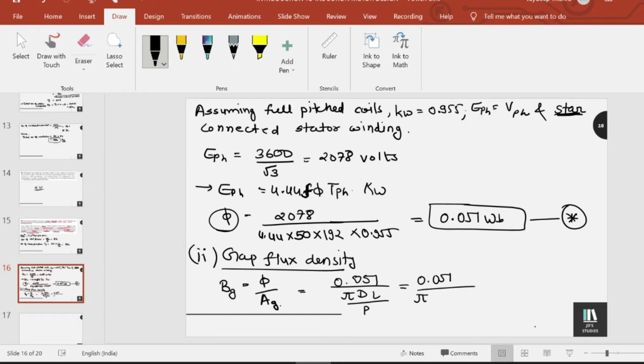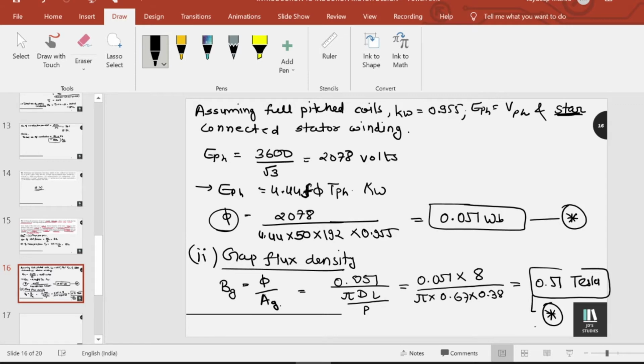We have pi, D is 0.67 and length is 0.38, both given in the example, and the number of poles is 8. So we have the gap flux density of 0.51 Tesla. That is the second, gap flux density.